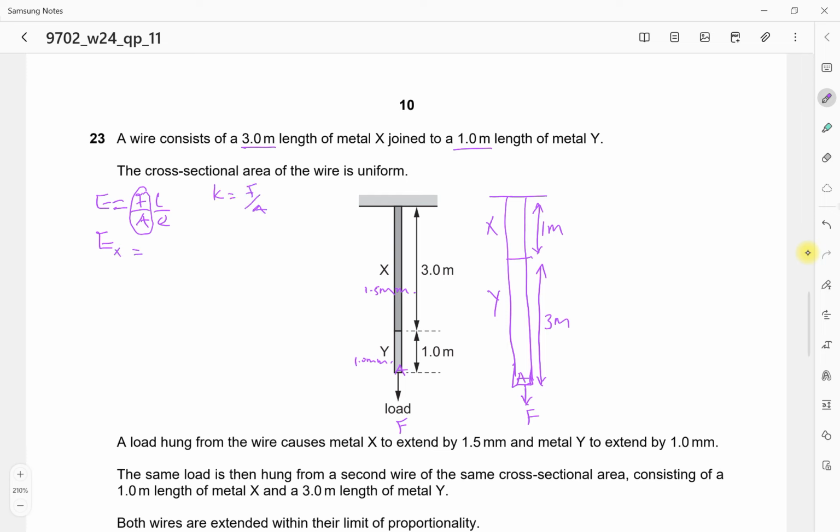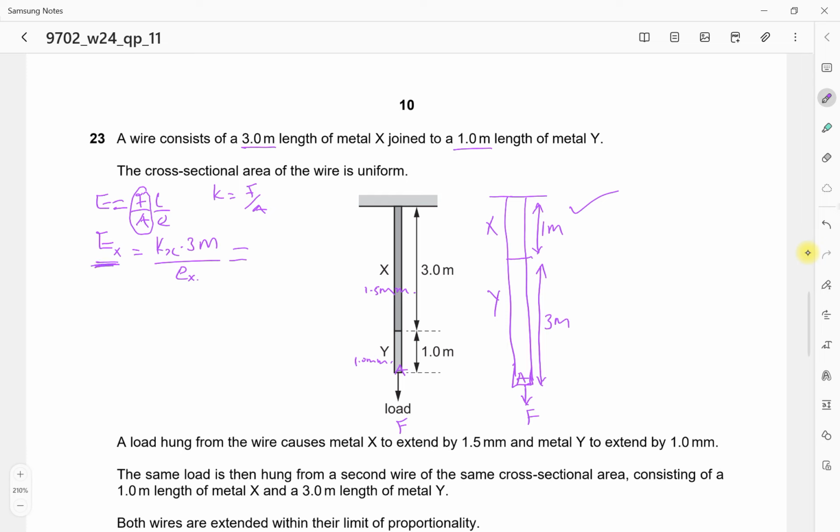So E for X is going to be K for X times L for X, which is 3 meters, divided by the extension for X. That is on this side. On the other side, I'm looking at the same wire, because Young modulus depends on the material.